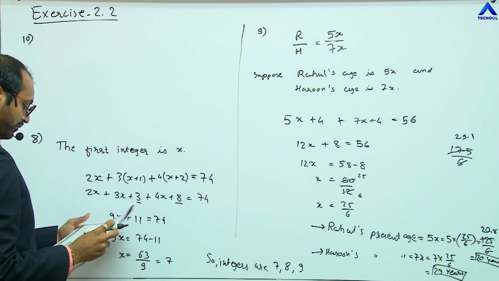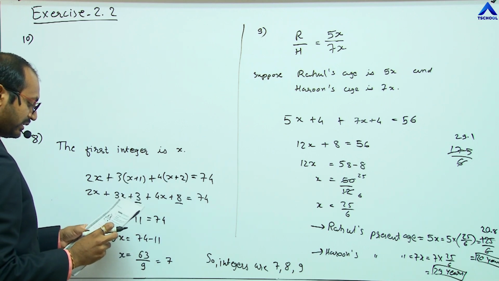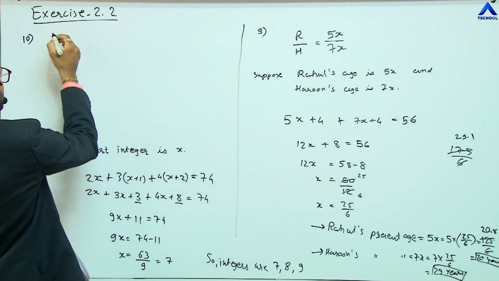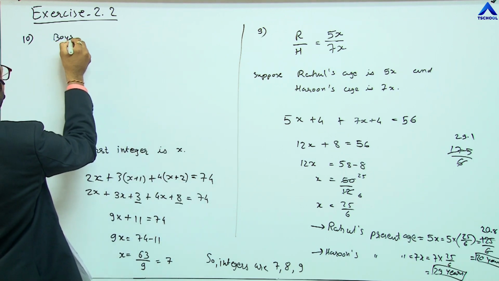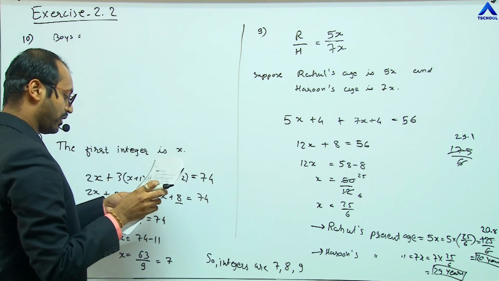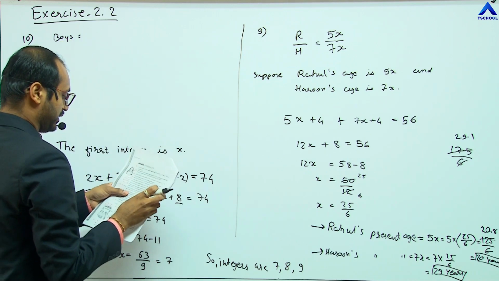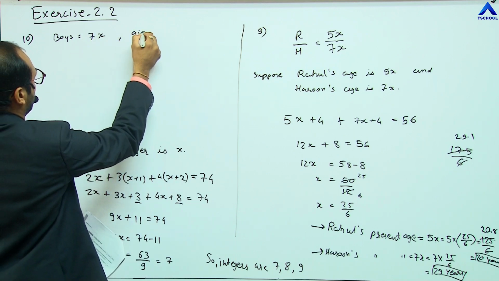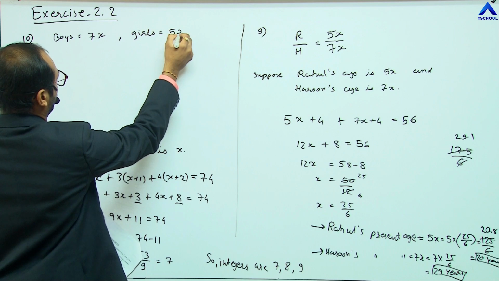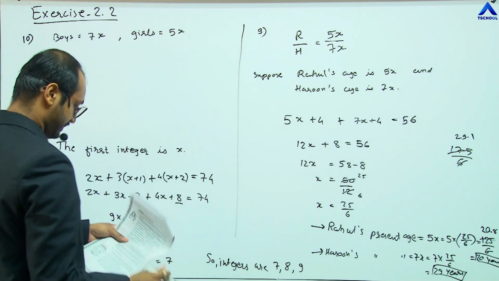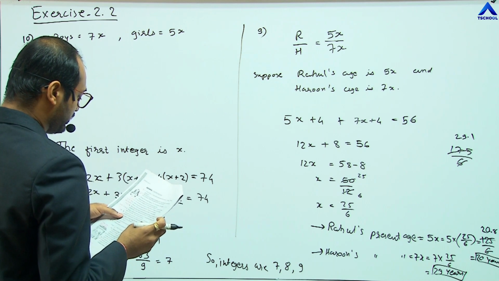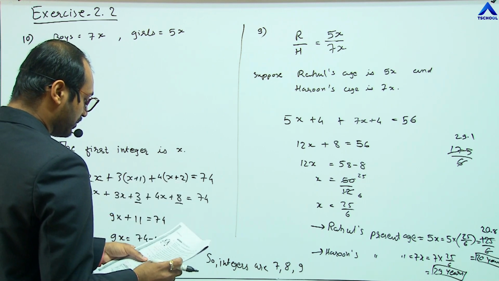The number of boys and girls in the class is in the ratio of 7:5. So we have to assume this. Suppose, according to this ratio, boys are 7x and girls are 5x. Clear? The number of boys is 8 more than the number of girls.